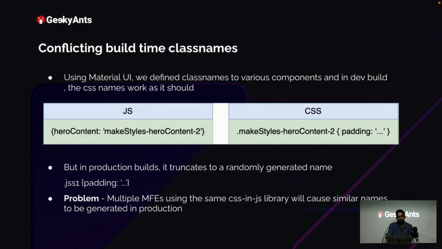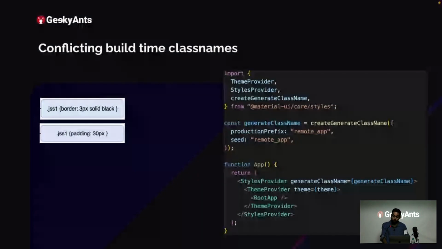So we started looking into it. Material UI, on its behalf, knew about this. It provides us with createGenerateClassName, which gives you access to enhance it and make your own class names. You add a prefix to it, and each prefix is for a specific micro frontend, which is a unique name.